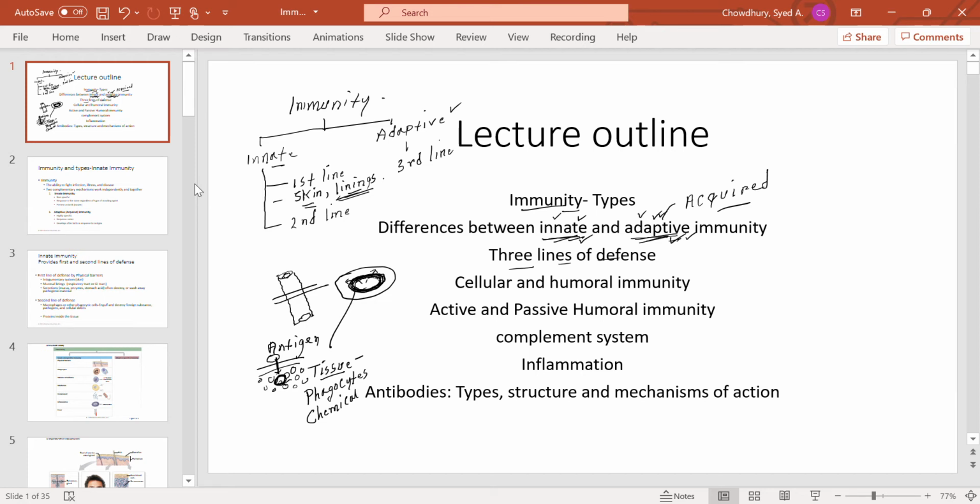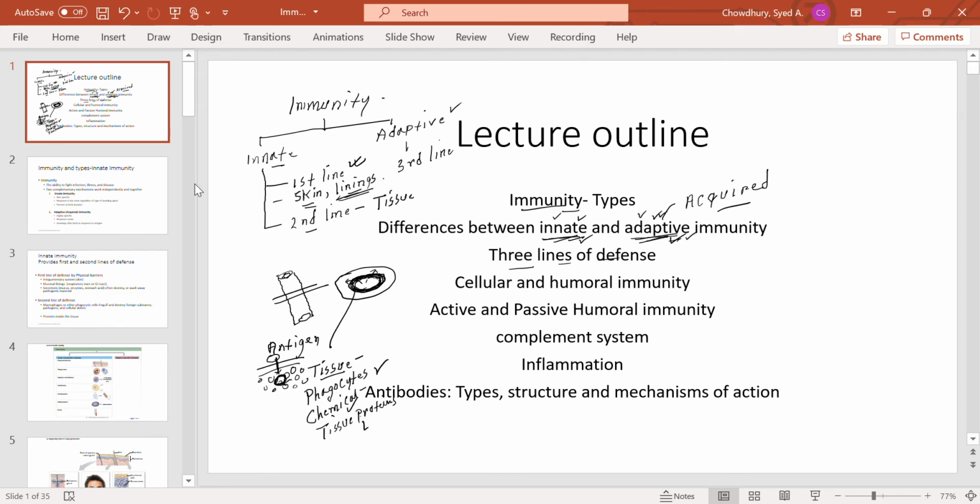Those chemicals can destroy the antigens. Okay, so we can say that these belong to the second line of defense, because your first line was not able to stop the antigen, right? First line failed. So the antigen now has entered into the tissue, and in your tissue you have the second line of defense that includes tissue phagocytes and chemicals called tissue proteins.